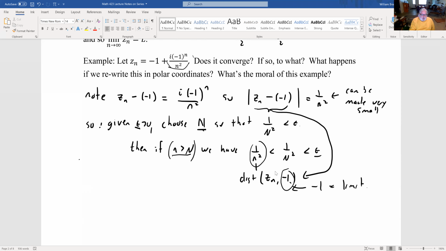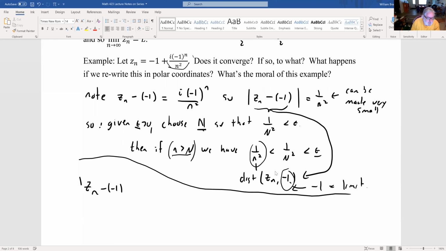If you rewrite this in polar coordinates, however, it gets a little messier. Right, as we've seen, the absolute value of Zn minus 1 is what?